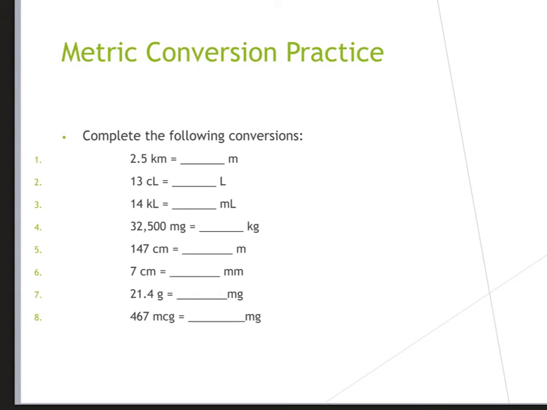So here I'm going to do a couple of examples. I'm going to go ahead and write out my units. So, knights ride horses to kill dragons, your base unit, dogs, cats, mice. Now, I didn't write in if it was meter, liter, or gram because that can change. Meter, liter, gram for each one.